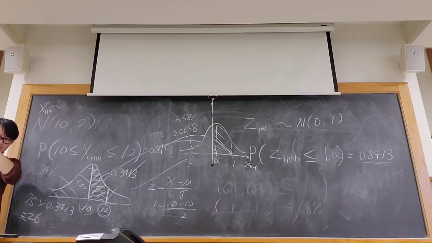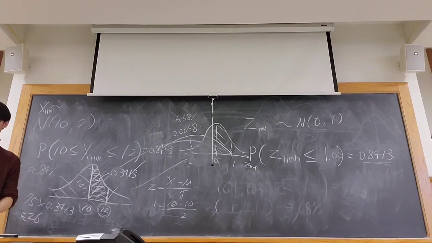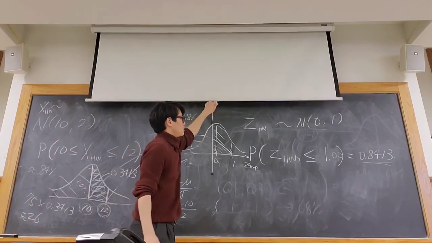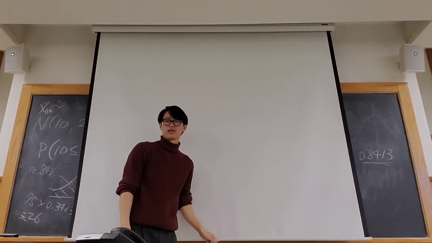0.3413 will give you, I guess, 26. Even if you have a decimal point there, you should make it an integer because we have only integer numbers for the number of people, right? Okay, my last one.